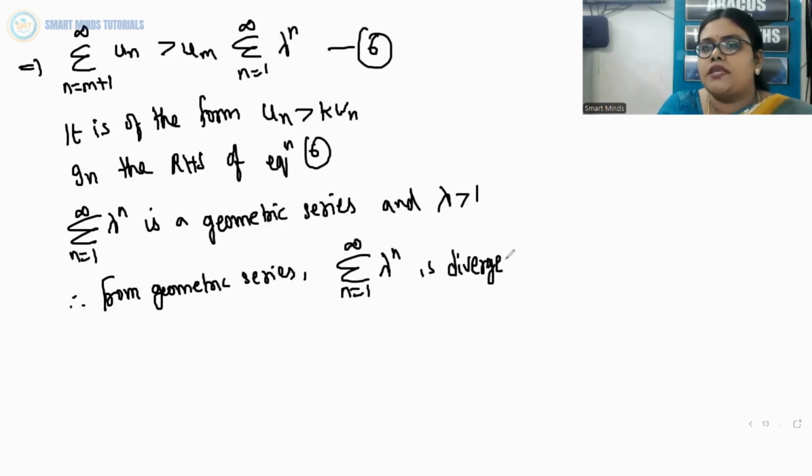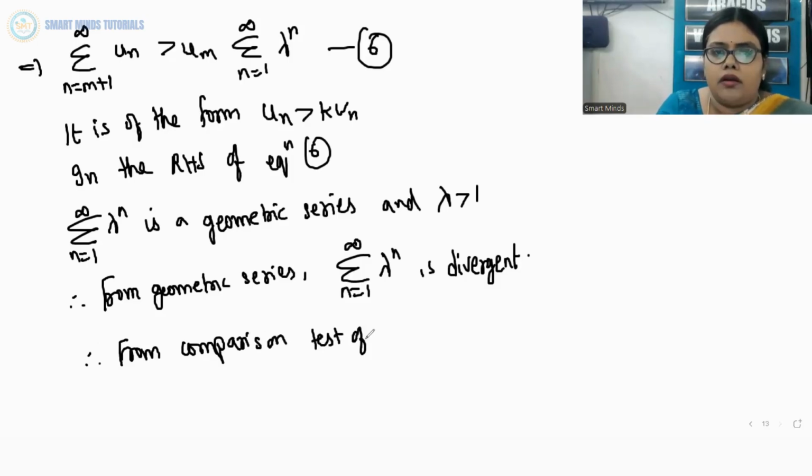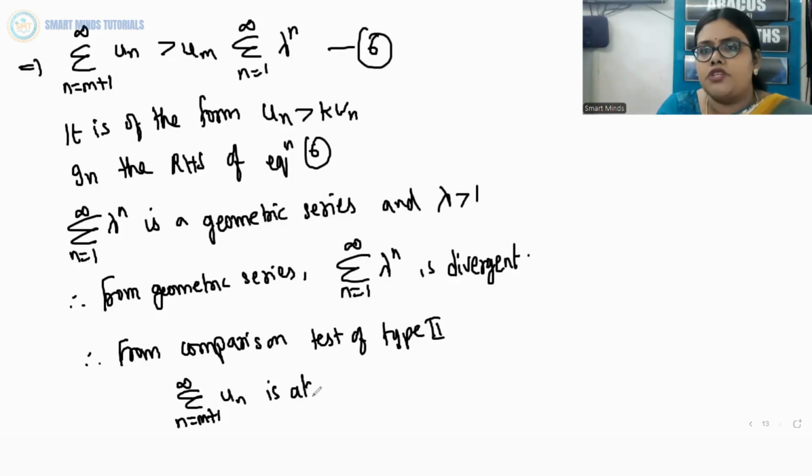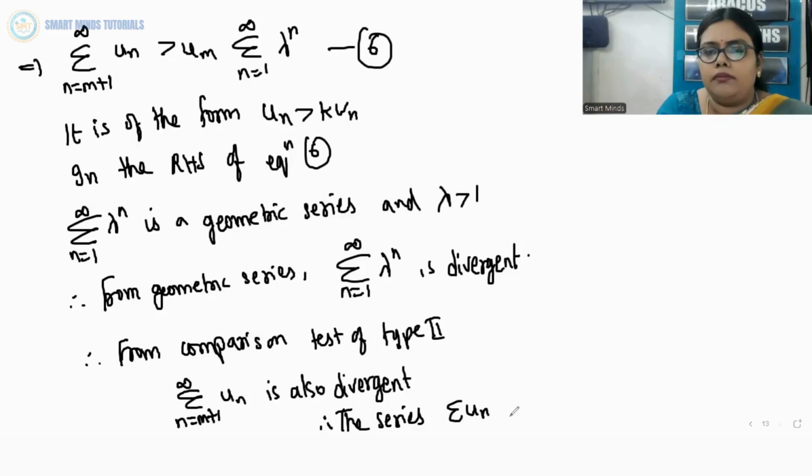So in the previous case, it was convergent. Now it is divergent. Therefore, from comparison test of type 2, sigma n equal to m plus 1 to infinity u_n is also divergent. Therefore, the series sigma u_n is divergent if L is greater than 1.